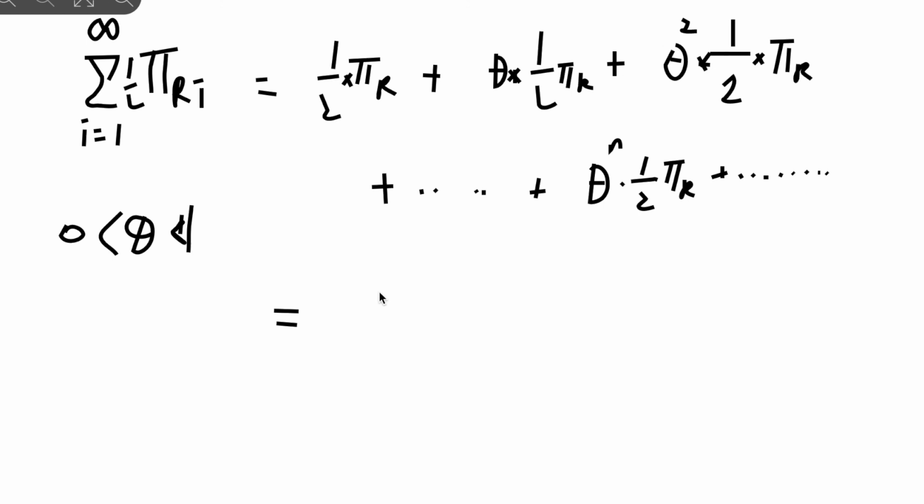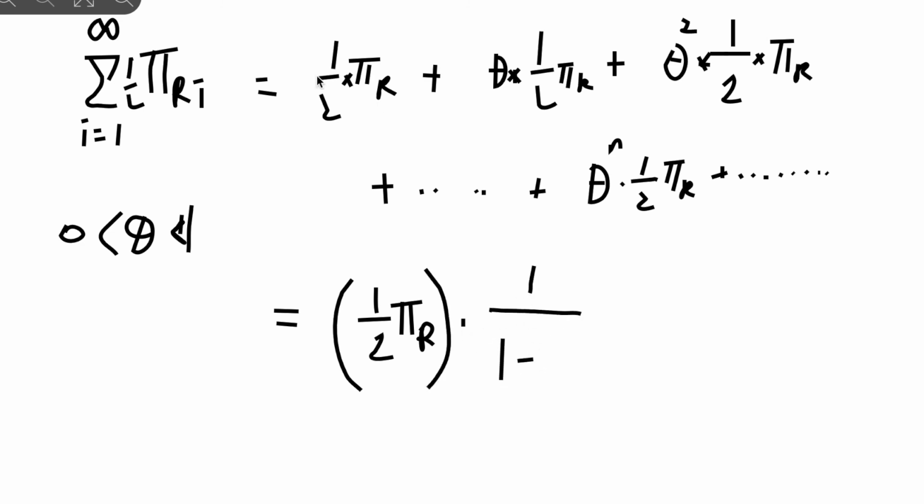We can have the initial value of half of the retailing profit, and we can have the power 1 over 1 minus what is powering up, theta. So this value is the sum of all the future values discounted to present, right?